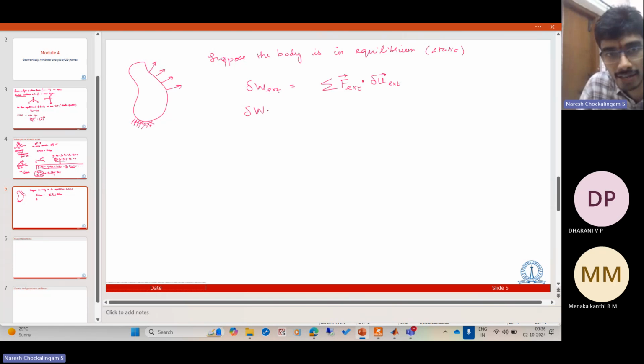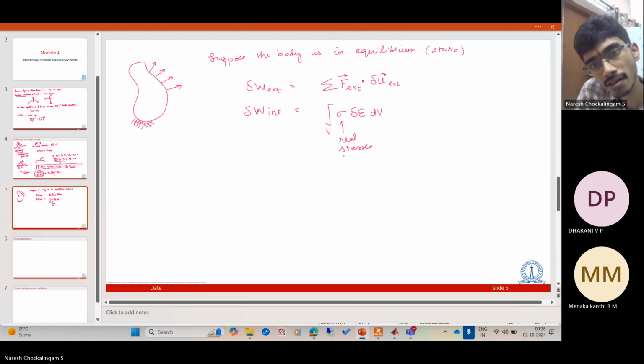And define the internal work as the integral of sigma del epsilon dV. So integrate over the entire volume. Sigma is the real stresses caused by F, and this epsilon is the virtual strains, or the strain due to virtual displacements.